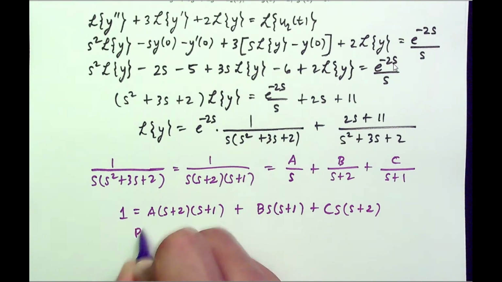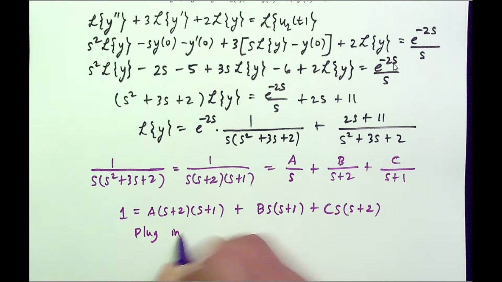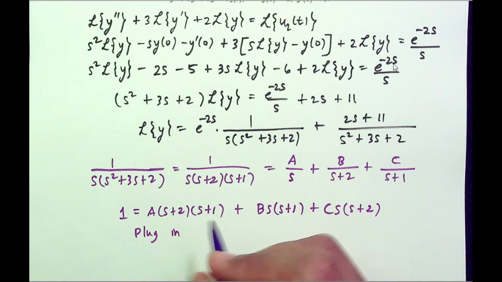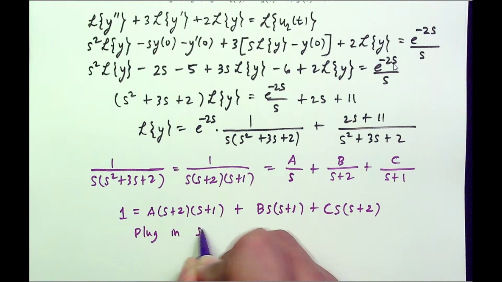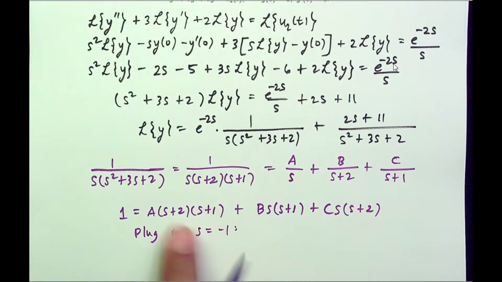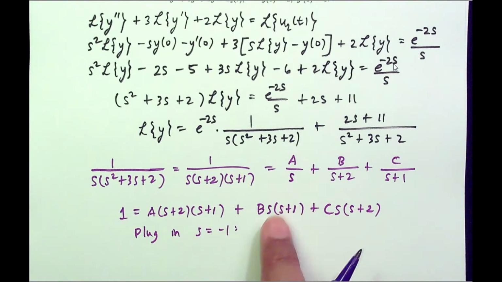Okay, now you plug in the numbers that make each of these terms 0. So let's start by plugging in -1. That makes this term right here 0. It makes this one also 0.